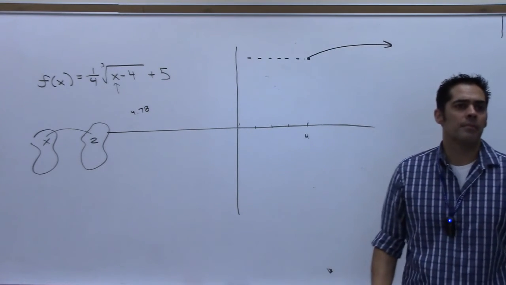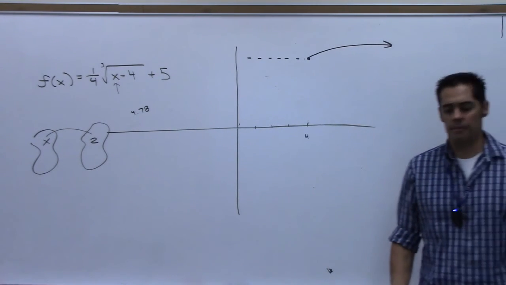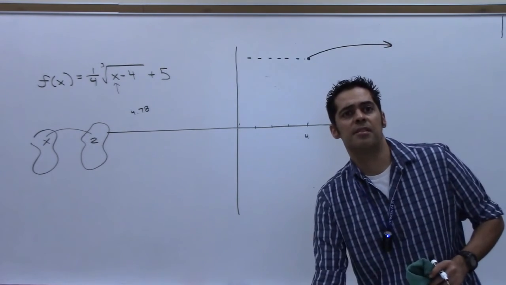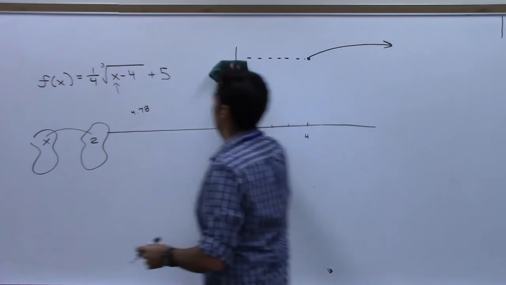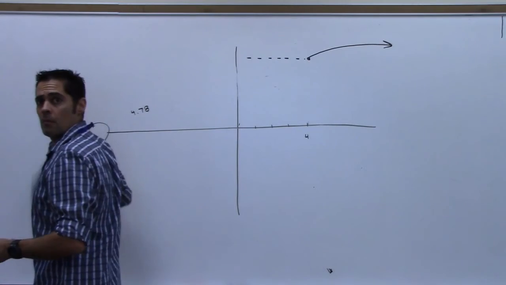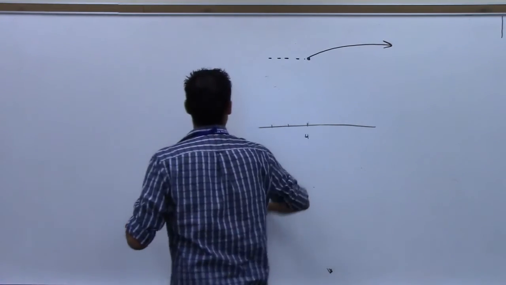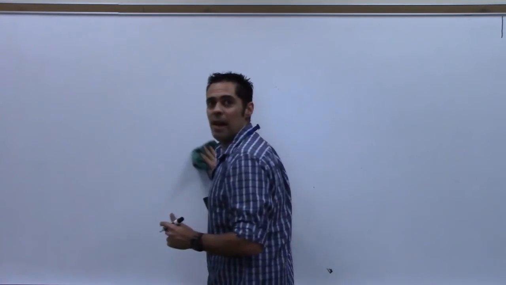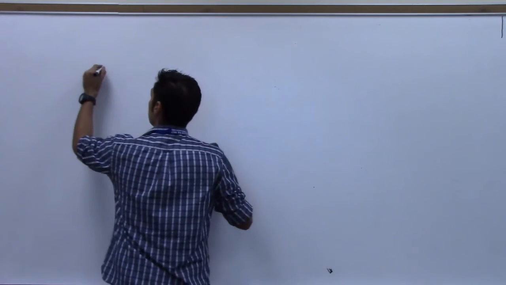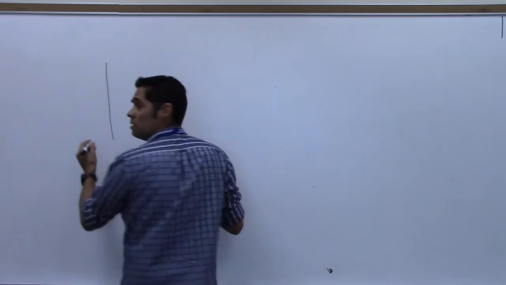All right. This is a strange question. Suppose the x-intercepts of a graph are given. So here's what I'm telling you. The x-intercepts of a graph are given. Here they are.